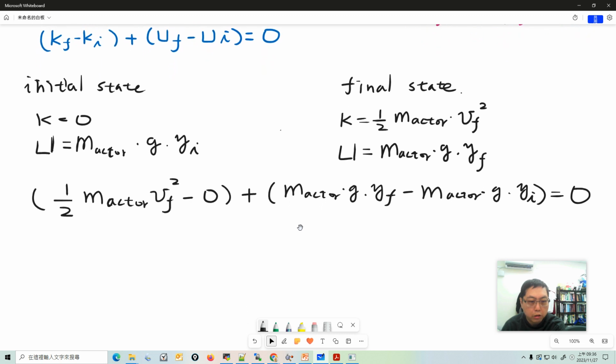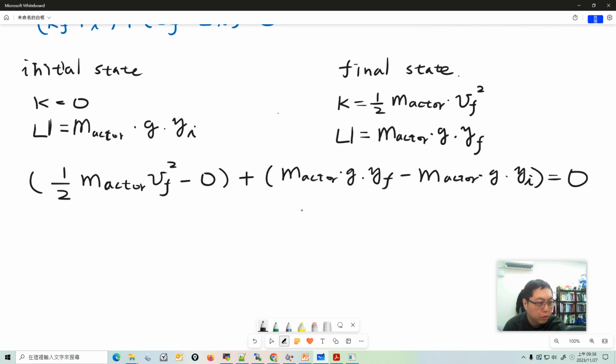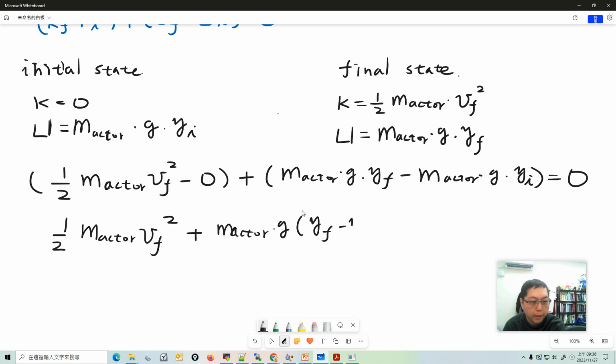Let's do a little arrangement here: 1 over 2 m actor Vf squared, plus m actor times g times (yf minus yi), equal to 0.